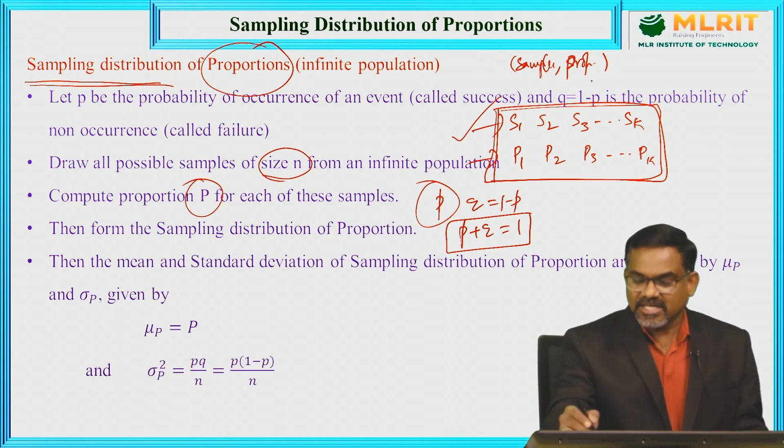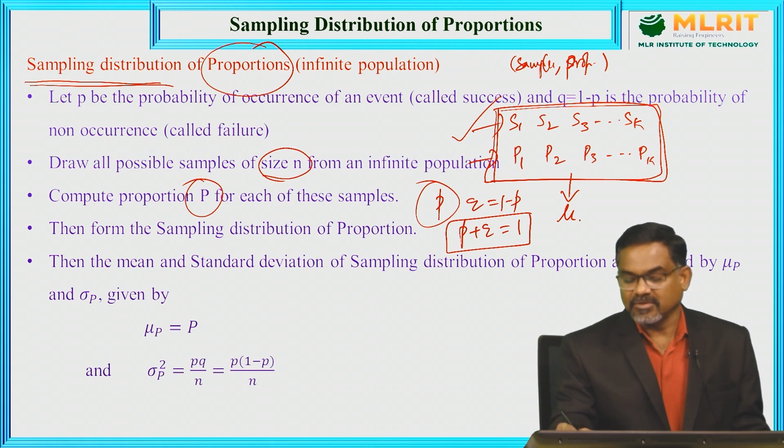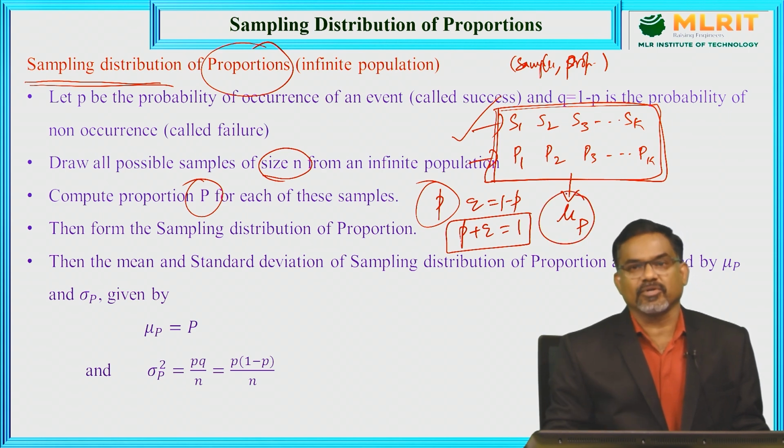Now, for this sampling distribution of proportions, if we calculate the mean, it is denoted by mu suffix capital P, which is called the mean of sampling distribution of proportions.